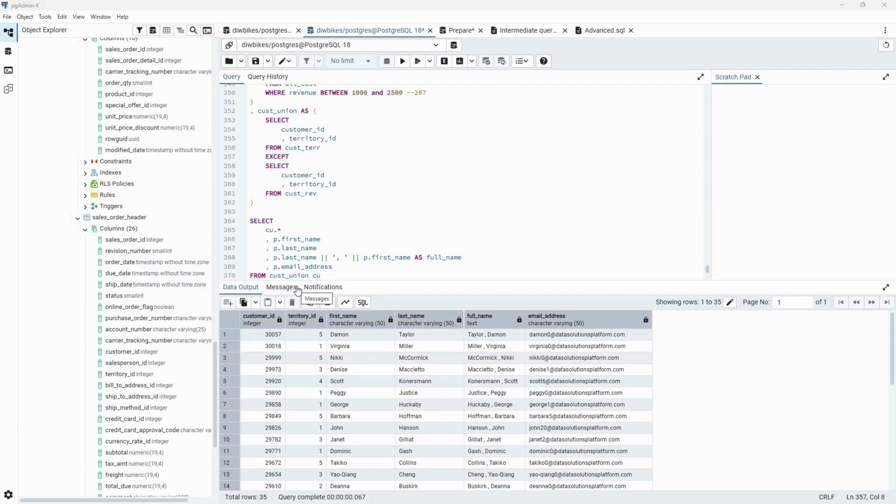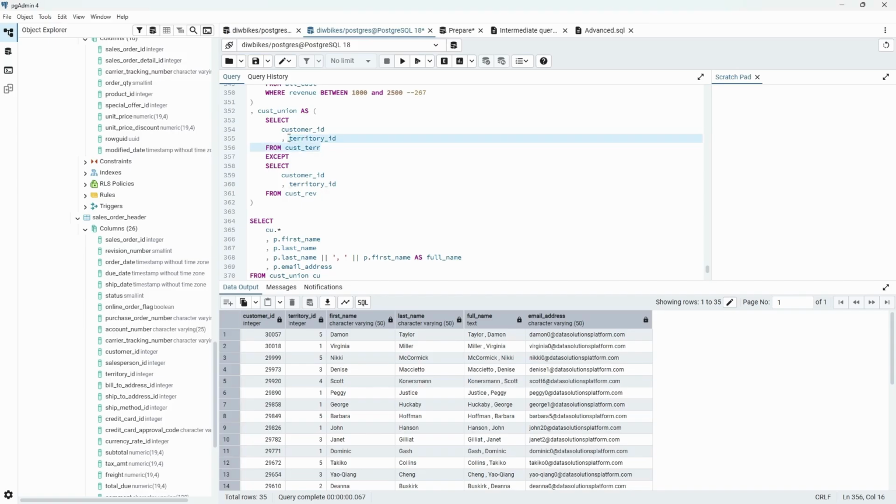Some use cases are exclusion, or maybe you're trying to see non-overlapping segments. Also, you may want to look at customers missing certain behavior. There are various use cases, but in this case, we are using it mostly for exclusion.